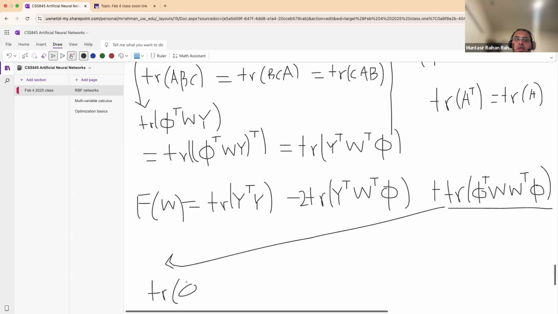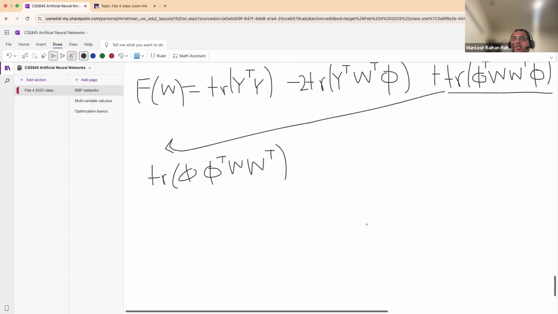So this is gonna be phi transpose weight matrix W transpose. And then I can do the cyclic rule one more time, and then I want to move this to the start.